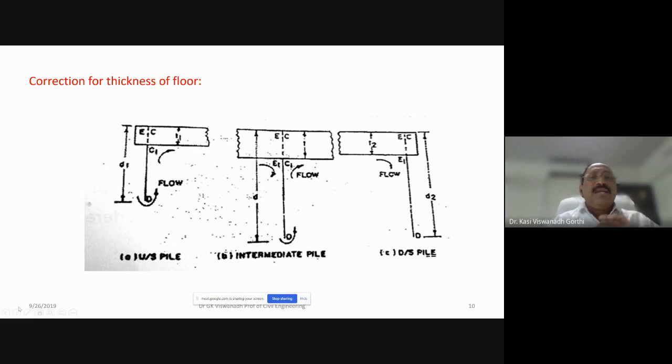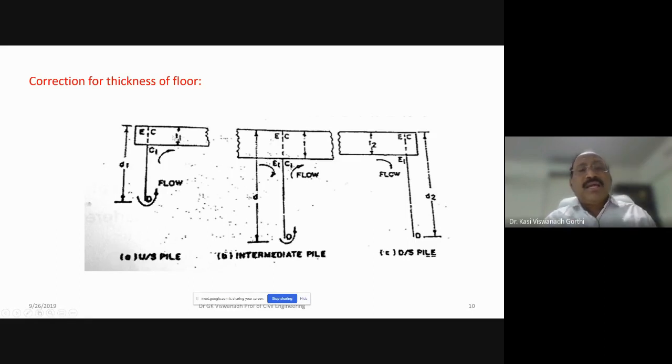So how to apply the correction for the thickness of the floor? You see here in this figure. We have been taking a horizontal floor of negligible thickness. If T1 is the thickness of the floor, we are assuming that the thickness is not there at all. That means we are taking the junction point at the top of the floor, instead of taking the junction point C1, which is at a depth T1 below the top of the floor.